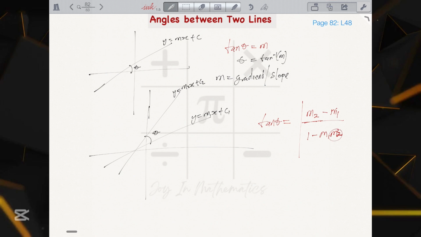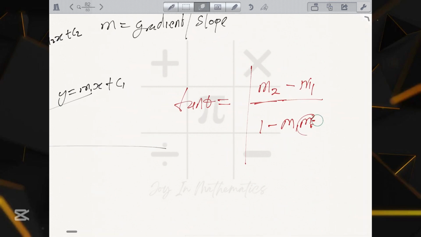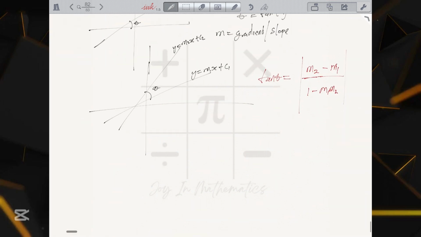We could have derived this, but we don't want to have too many concepts on our head. So tan theta equals m2 minus m1 divided by 1 plus m1 m2.